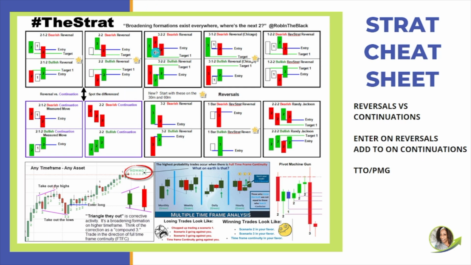So the 2-2 reversal and the 3-2-2 reversal are similar, just in the sense of you had a 3, which is a mother bar, very strong bullish action, and then the 2, which what happened here is it took out these highs and then reversed.